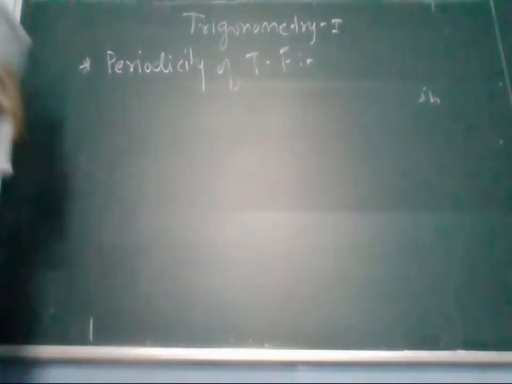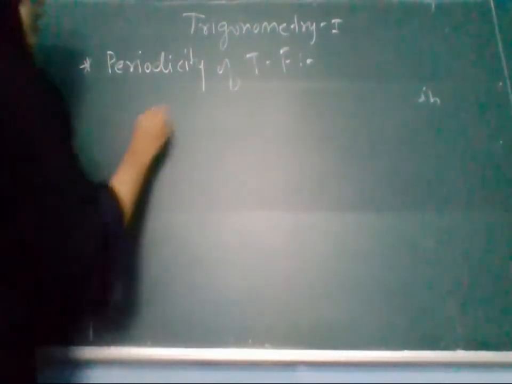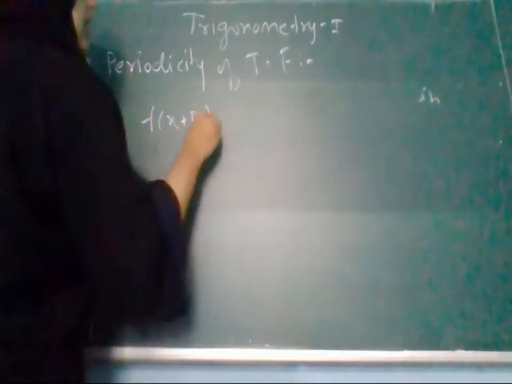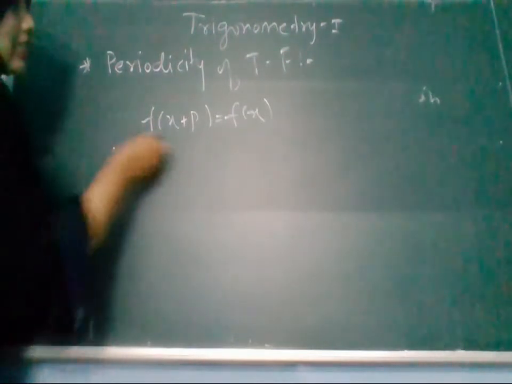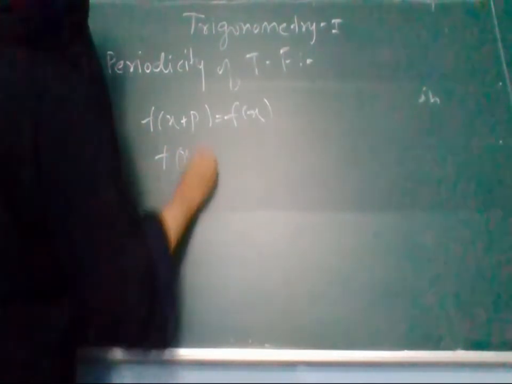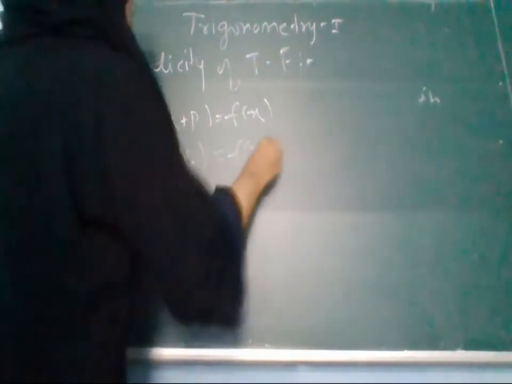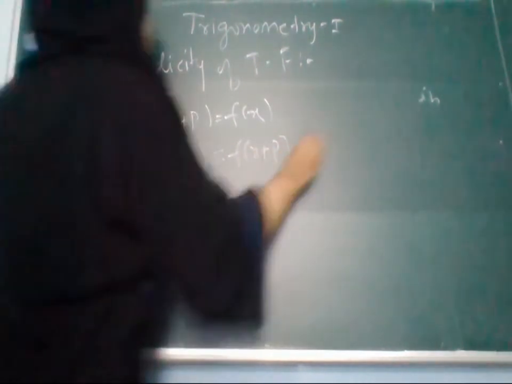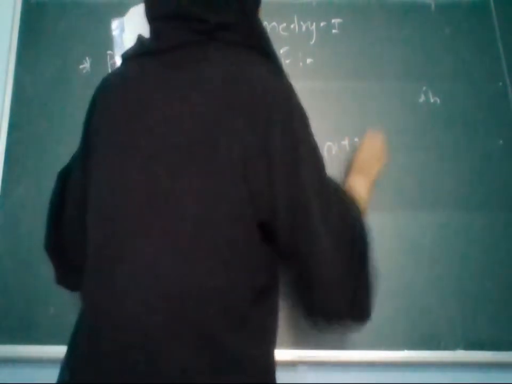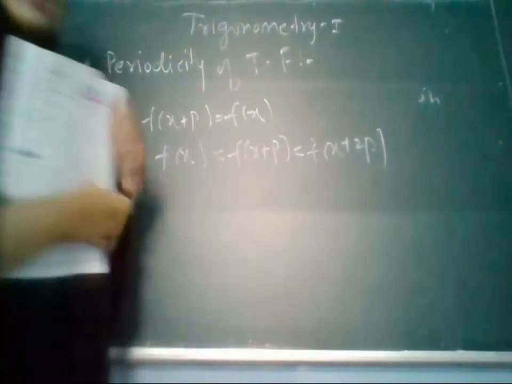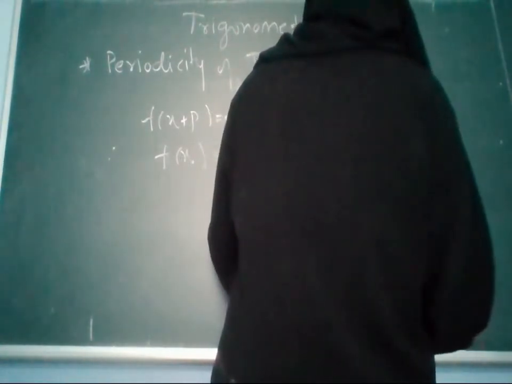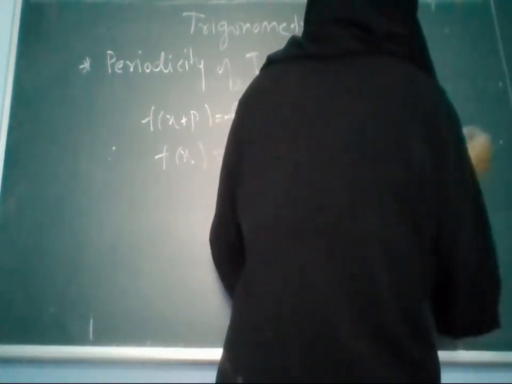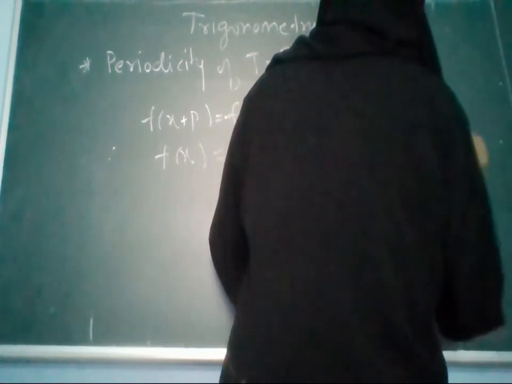So a function is said to be a periodic function if f of x plus p is equal to f of x and it holds for all x, and hence f of x is the same as f of x plus p, which is the same as f of x plus 2p. Means you can add a multiple of p. Then f of x plus 2p, f of x plus 3p, and so on.